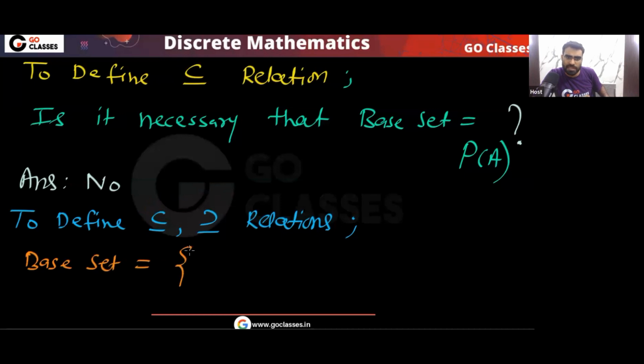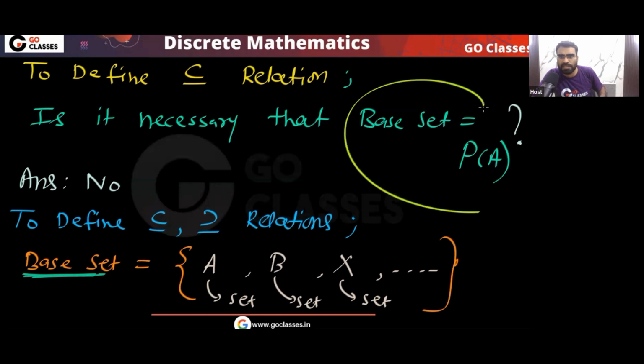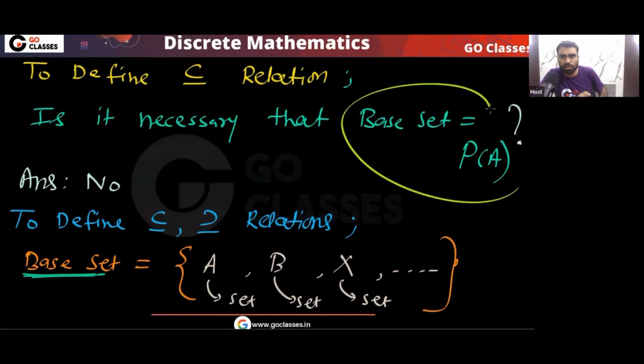So your base set must be like this. In your base set, everything must be a set. For example, this also must be a set, and so on. So every element in your base set must be a set. Very simple point. It is not necessary that your base set is a power set of some set. It is not necessary.